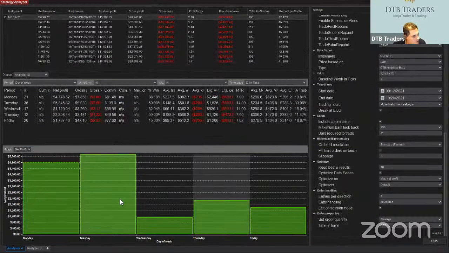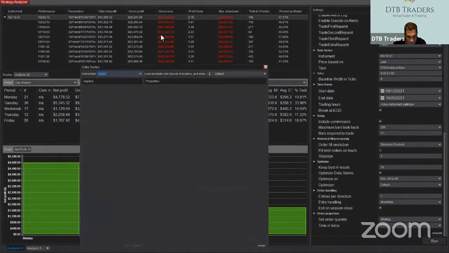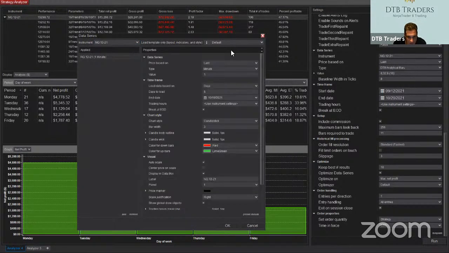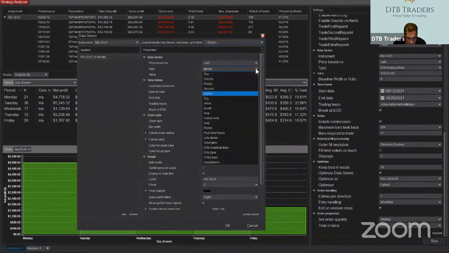And then I'm going to bring up a chart. So new chart, and we'll pop that on there. So this is going to be the NQ. And I'm going to put none, and we're going to bring up a 16.8 chart on the analytical bars.